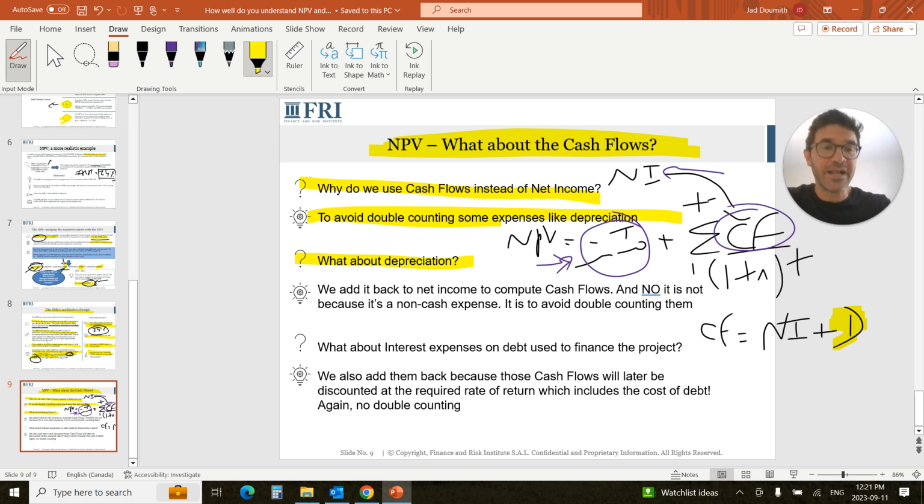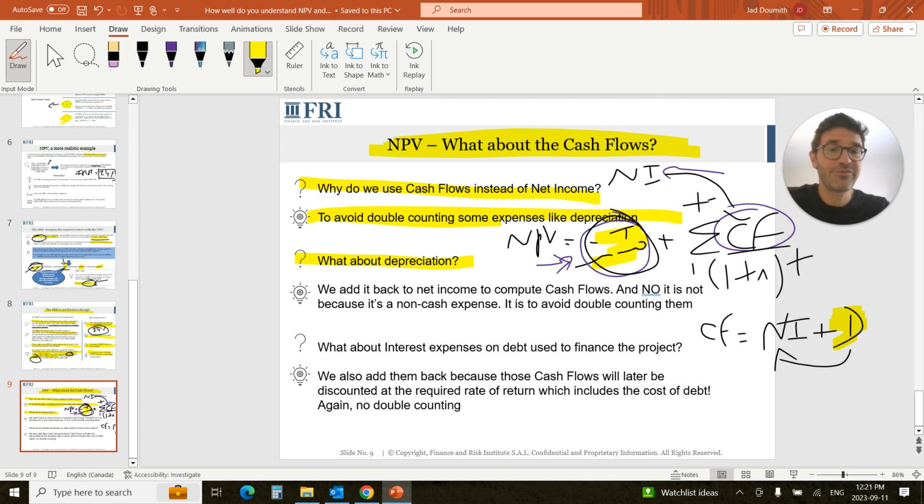We are adding back depreciation because we don't want to double count it. It already exists as a value within the initial investment, so we don't want to hit our formula twice with the same expense. We do not add back depreciation to net income because depreciation is a non-cash expense. We add it back because we want to avoid double counting.